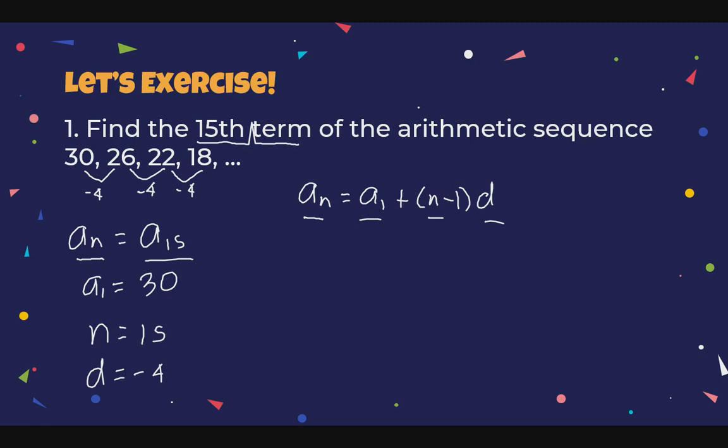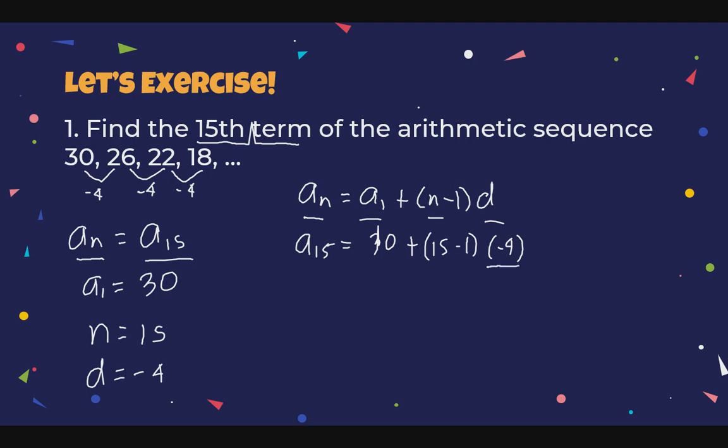So now let's substitute it to our equation. A sub n, a sub 15, is equal to a sub 1, which is 30, plus n, which is 15, minus 1, times the common difference, which is negative 4. In writing a negative multiplier, we should always put a parenthesis to enclose it.